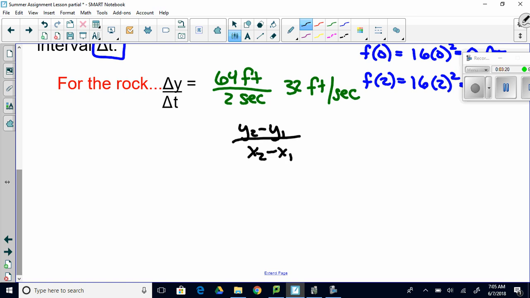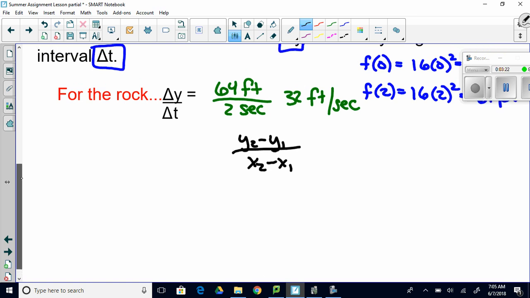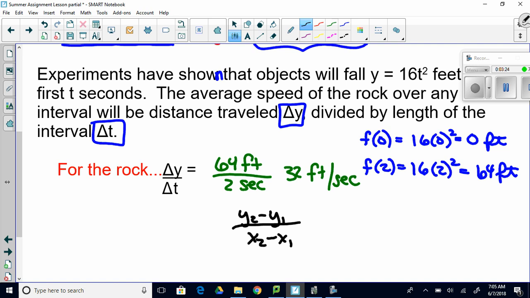Average rate of change is just slope. Hopefully you remember from Algebra 1 that rate of change means slope. So the average rate of change is the slope of this problem. Notice how I wrote feet per second. That's huge. You have to label all of your word problems, so make sure you do that.